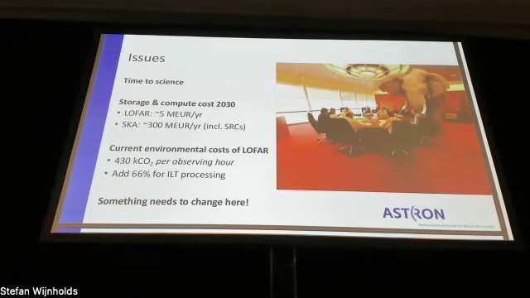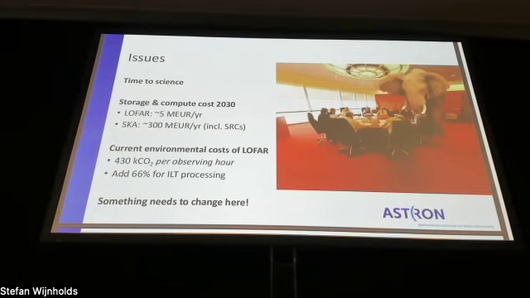The other issue is that if we look at what are the costs for storage and compute for LOFAR, and we continue business as usual, so meaning business as we did for LOFAR 1, then by 2030, ASTRON will have to cough up 5 million euros a year to basically just pay for storage and compute of LOFAR data, which is not really sustainable for a single institute.